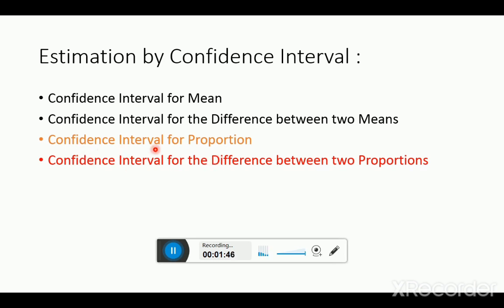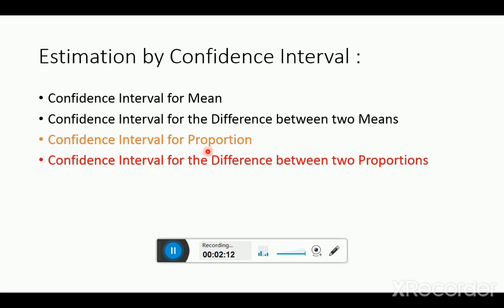So now first we are going to discuss the confidence interval for the proportion. If you remember, we already discussed proportion in the sampling distribution section, where I told you that proportion is represented by capital P, which is known as the parameter, and when we have the sample proportion, it is represented by P cap or P hat.